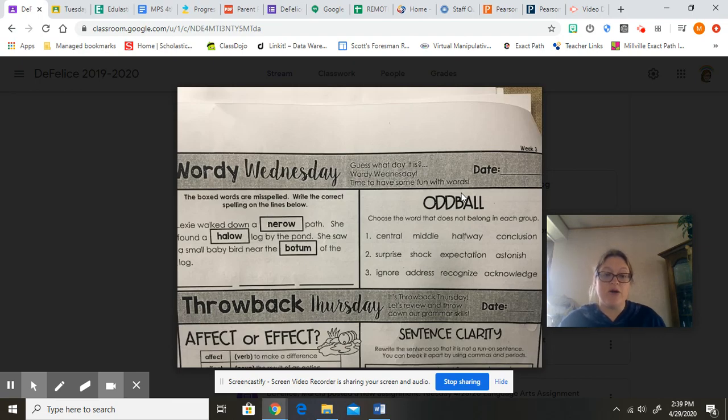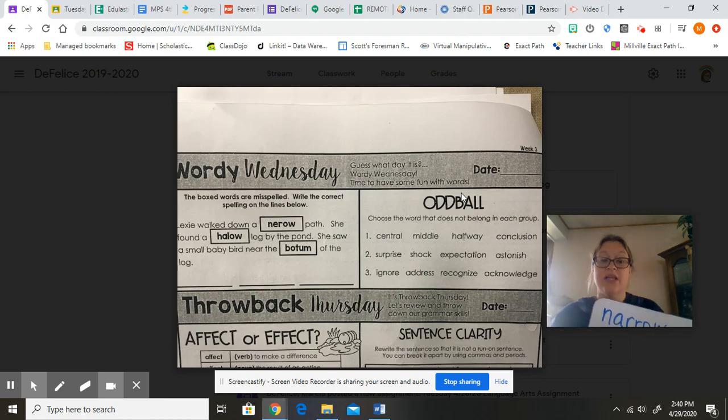So, Lexi walked down a narrow path. Narrow should be spelled narrow. And it's pretty cool that this was part of our morning work this week because this week for our phonics skill, we're doing double consonants. And narrow, all three of these words actually have a double consonant, two consonants together in the word. Narrow.